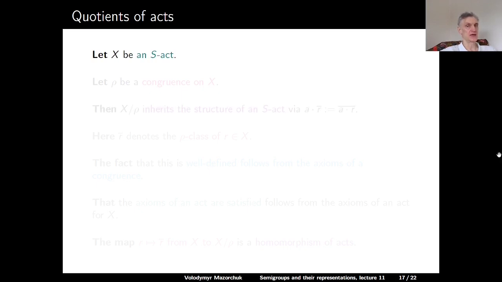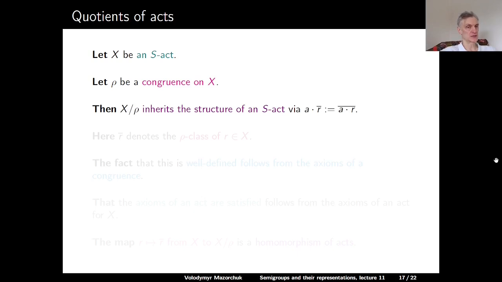So let X be an S-act, and let ρ be a congruence on X. Then the set of all equivalence classes modulo ρ, so X/ρ, inherits the structure of an S-act in the usual way. a acting on the class of r is the class of a·r.